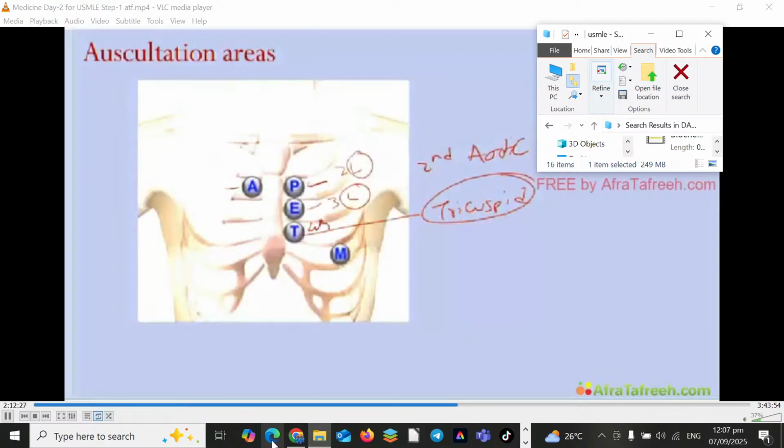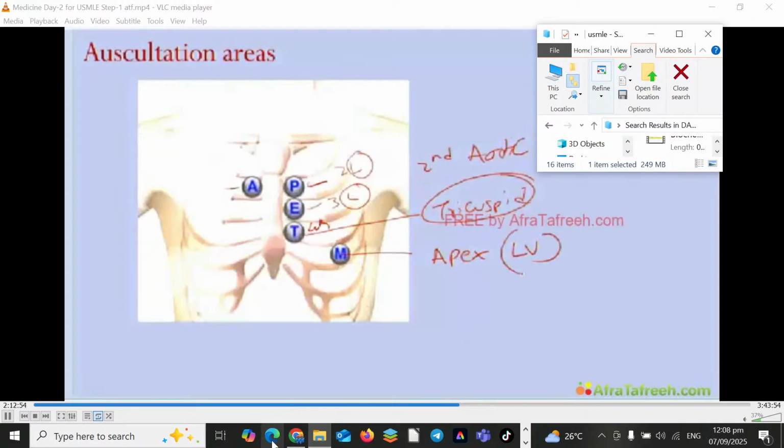When you have to name all these spaces, as it is just adjacent to the sternum, it is called the parasternal space. So A is on the right parasternum, P is on the left parasternum. The M here is the apex. This is the apex of the heart. The apex of the heart would be formed by the left ventricle in a normal individual.